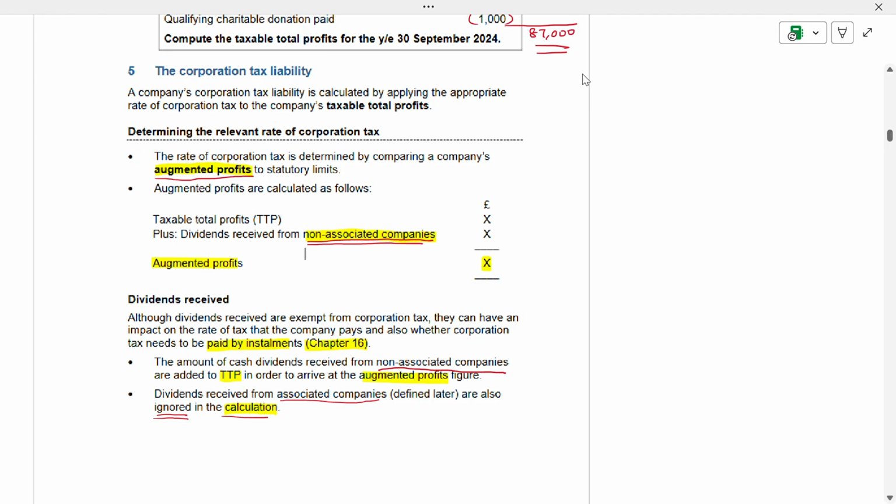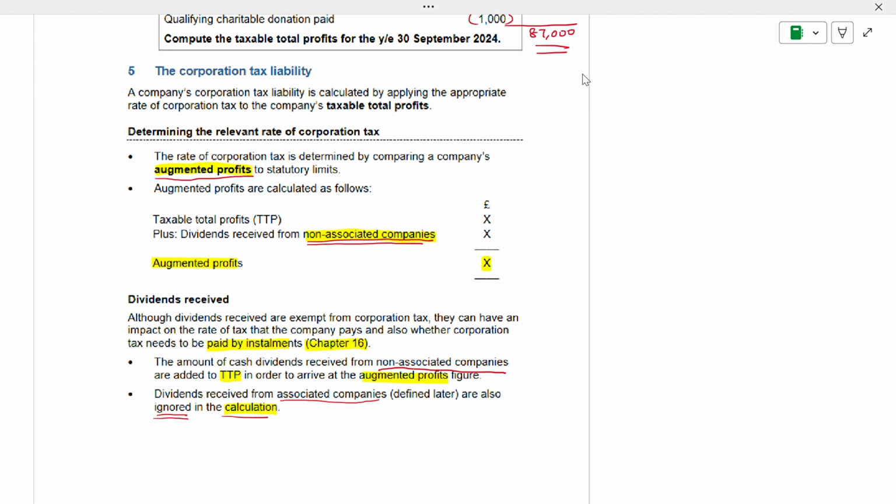What is the meaning of non-associated and associated? Outside the group. We will not go into that much detail.